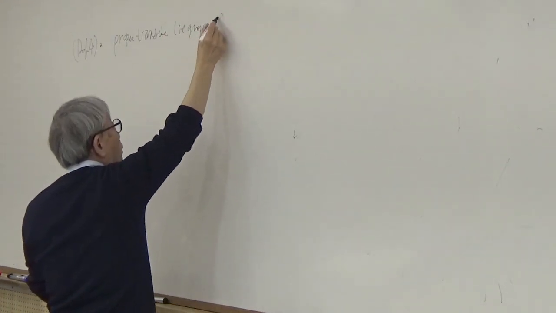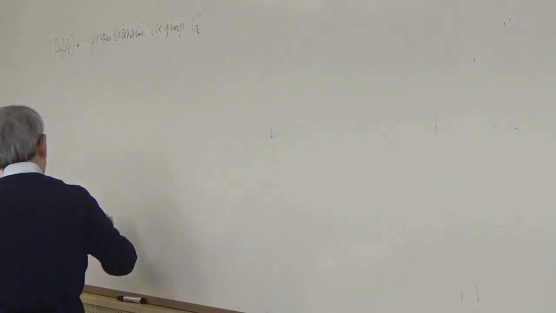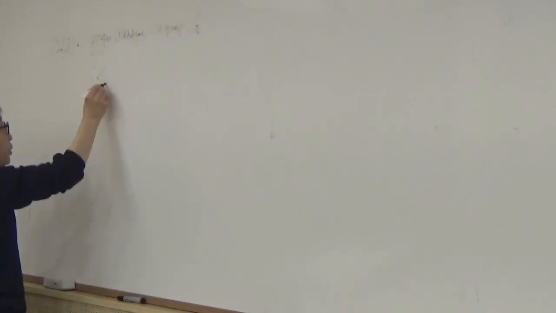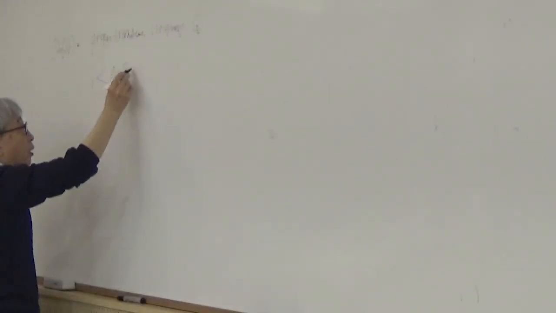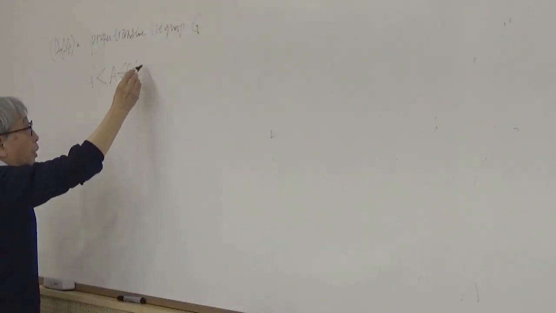A group G, which is G in general. In general this definition you can make for general G, but in our case we restrict G from the beginning. G belongs to the affine group.